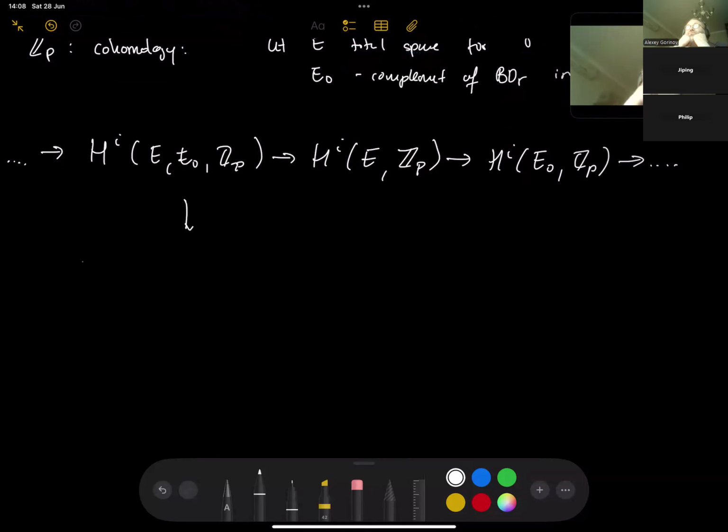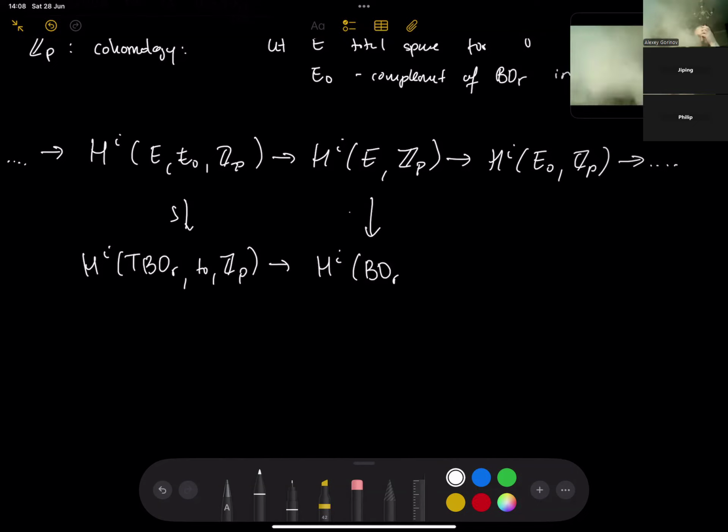We've already seen that this is the same as TBOR modulo a point, and then this is the same as BOR.